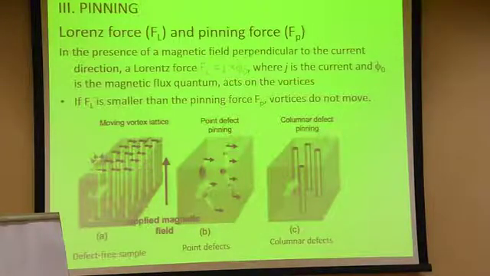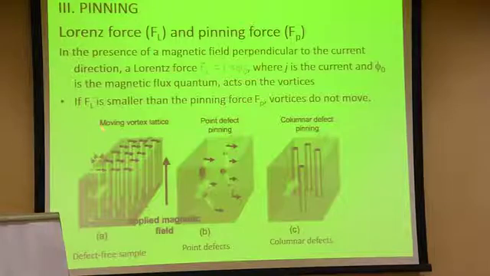So pinning forces are actually opposing the Lorentz force, by providing to the vortices some regions of normal material, of the same dimension as the coherence length, in such a way that the vortex core will stay there with a gain in free energy.